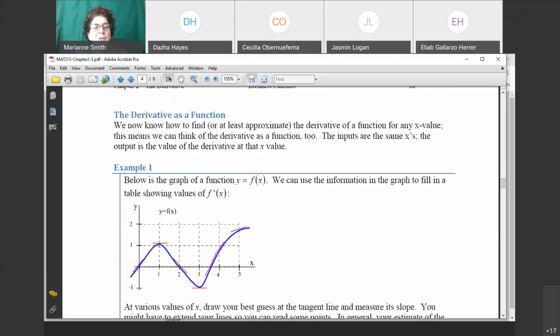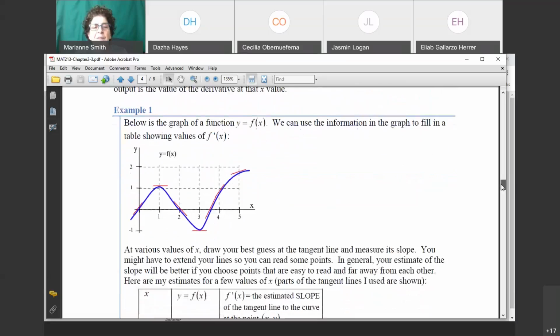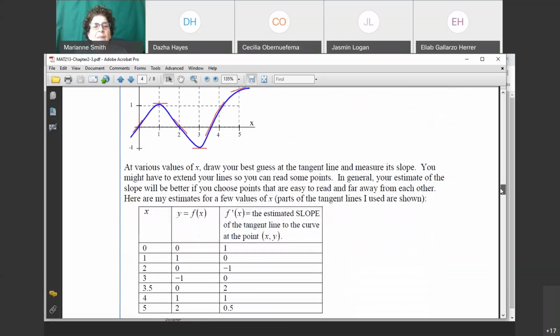This is a 0. This looks like about a -1. Another 0. Big number, maybe 2, maybe 1. Smaller than 1. You get the general idea about approximating slope. You're just guessing. They didn't give you a rule, so there's no way to figure it out. You're just guessing.